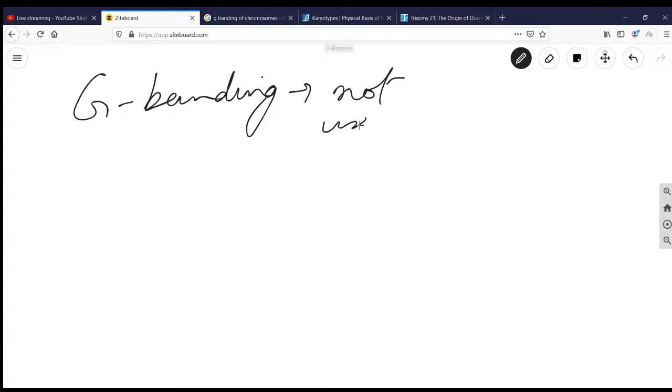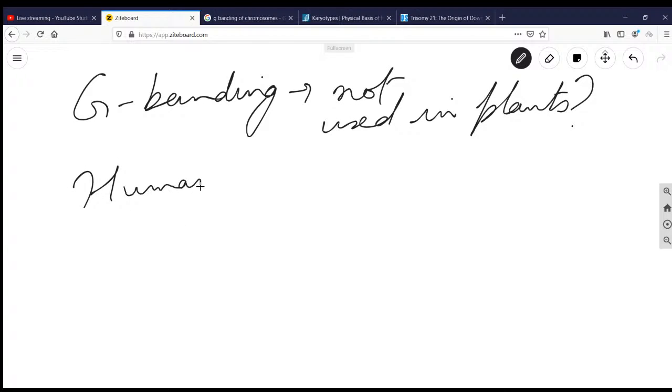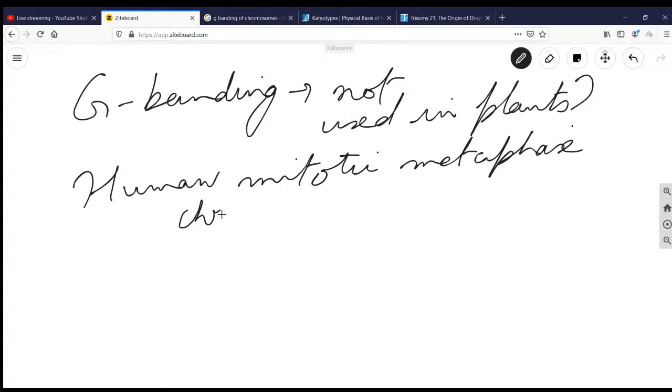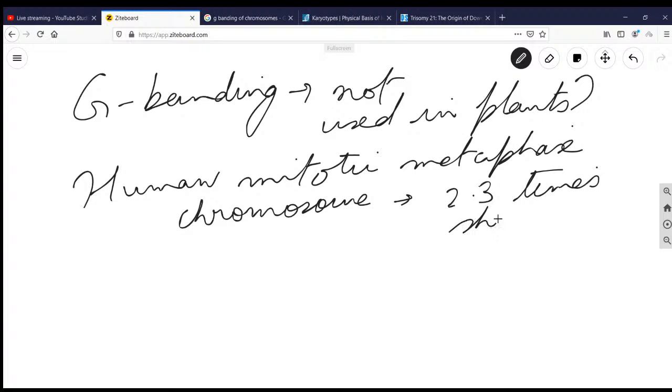Why is it not used in plants? Because the human mitotic metaphase chromosome is only 2.3 times shorter than the prophase chromosome, that is the condensation, whereas the plant mitotic chromosome is 10 times shorter than its prophase chromosome.